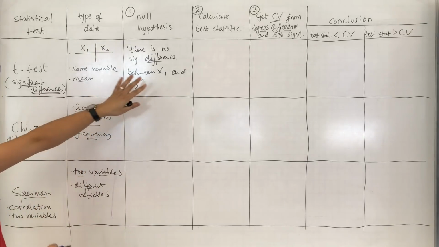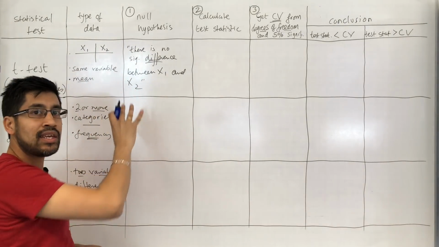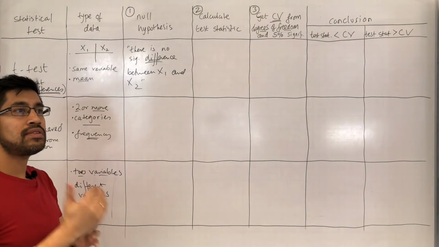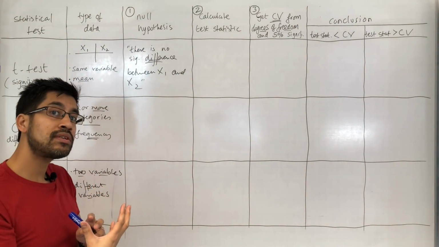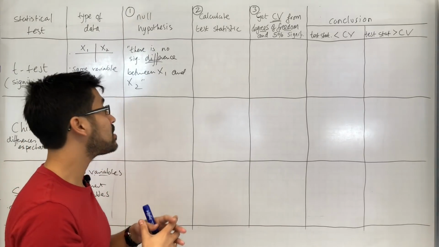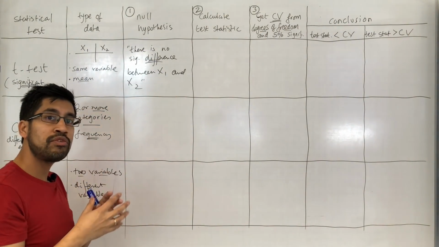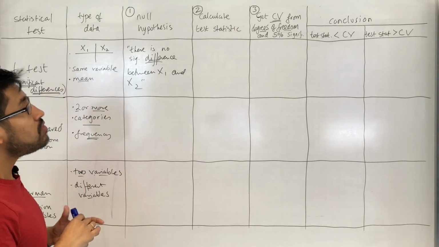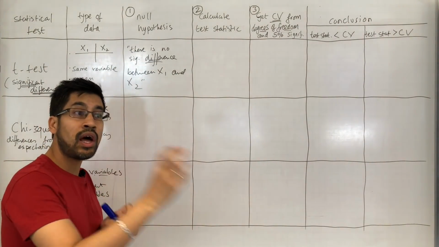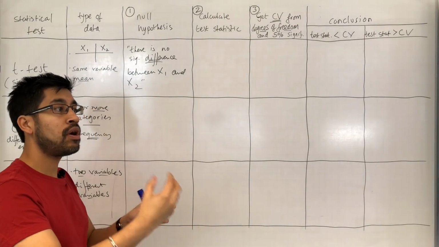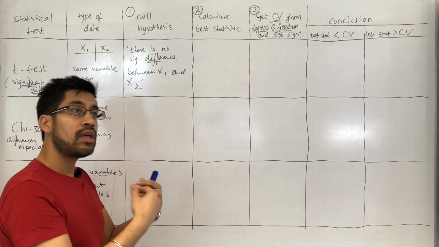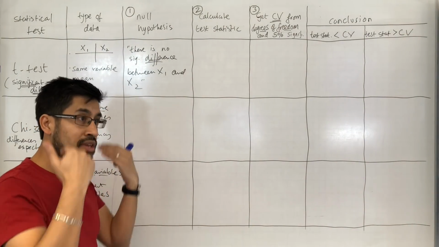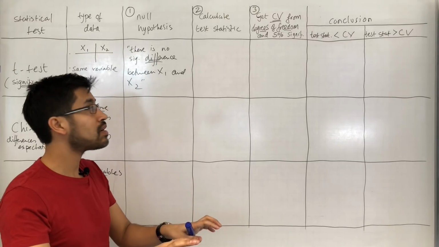I would just like to restate here that your null hypothesis is, in very simplistic terms, the opposite of your experimental hypothesis. So if you think that plants growing in the light are going to be taller than plants growing in the dark, that is your experimental hypothesis because there's some biological reasoning behind that.